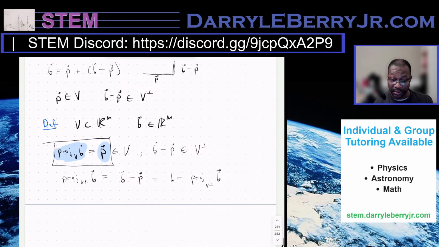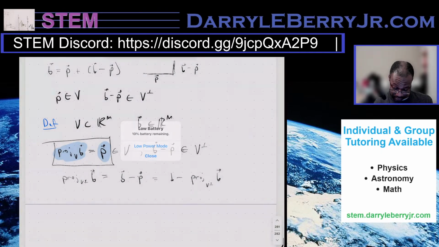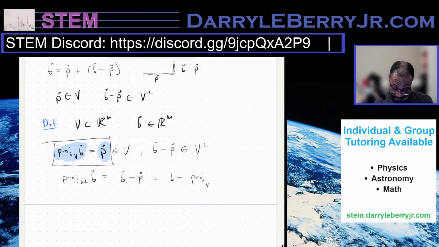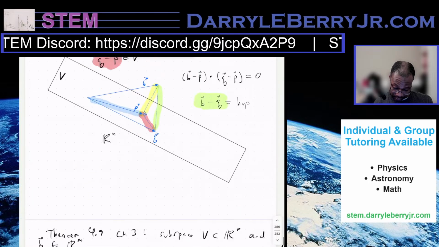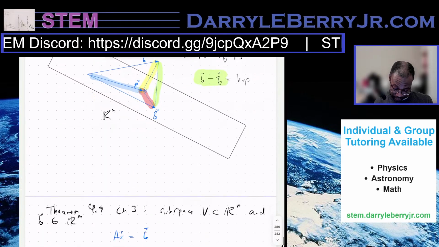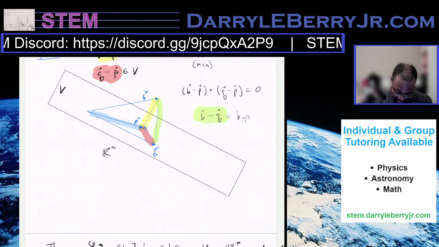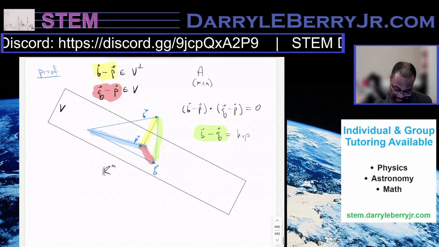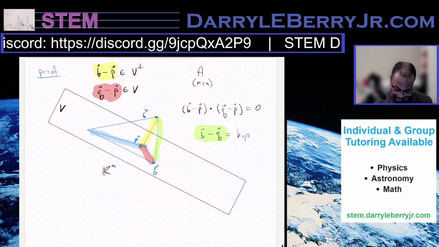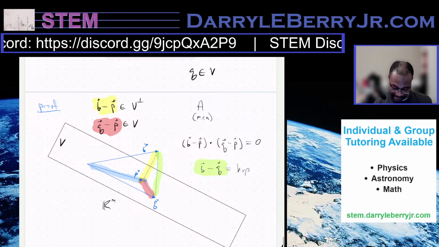Now, I wrote the notation wrong though. P is the projection of B onto the subspace.